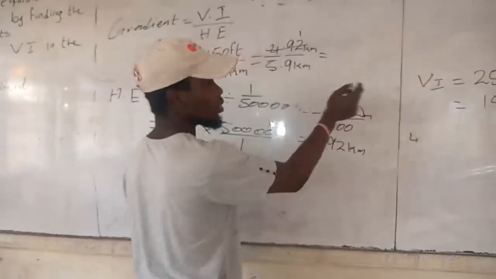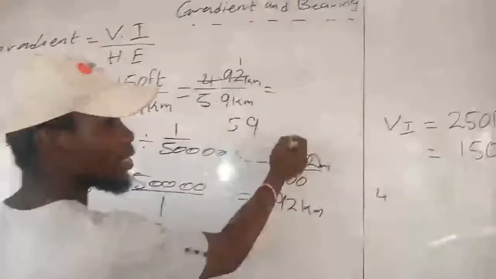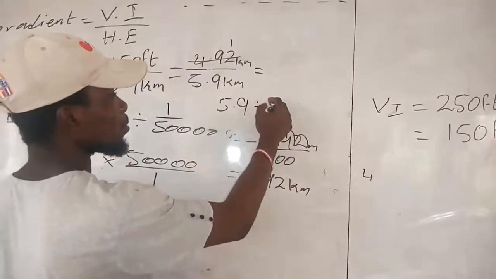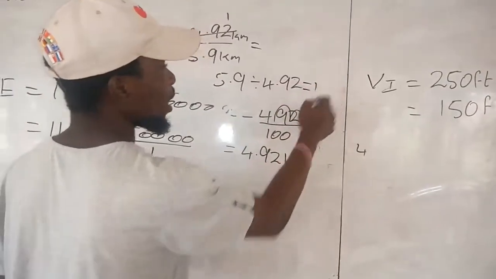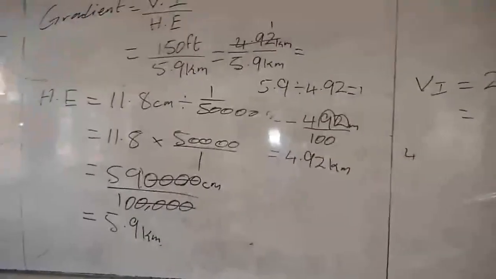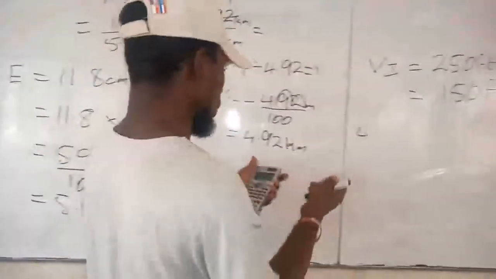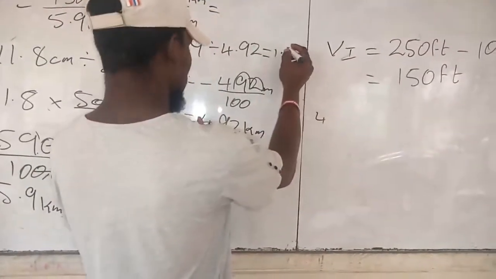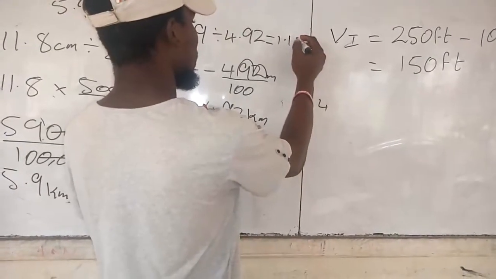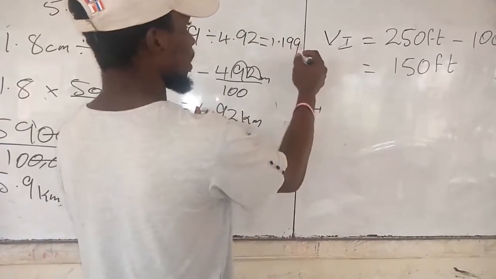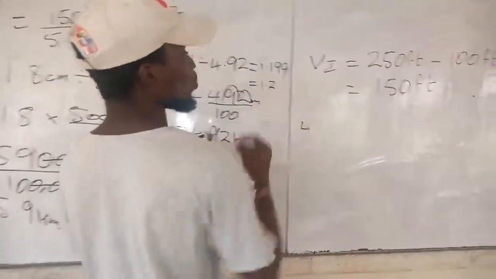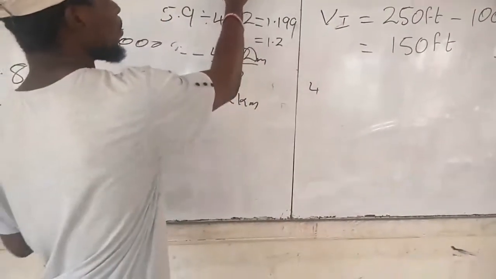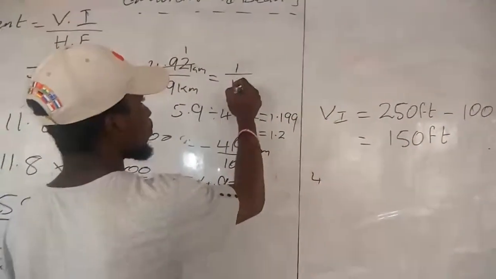Now you calculate on your calculator 5.9 divided by 4.92, which gives us 1.199 or 1.2. So that means 1 over 1.2.